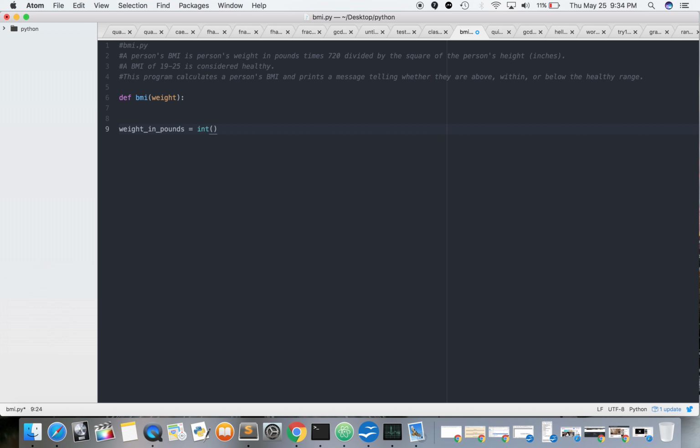For an adult, that'd be really low. It all depends how short someone is, how small they are. Okay, so int input, enter your weight in pounds.